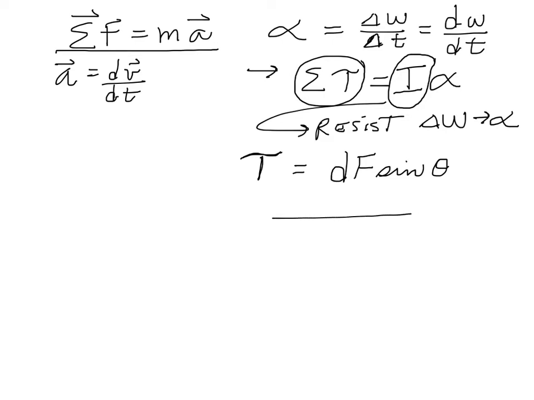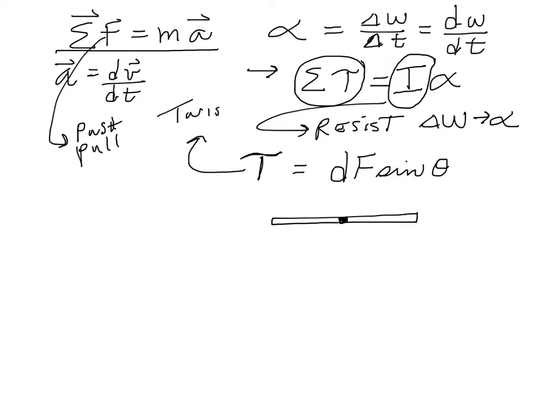So if I have a bar which is rotating about an axis here, if I want to get the maximum twist, so we thought of force as a push or pull, we can think of torque as a twist, a twisting force that tends to change the rate of angular velocity.